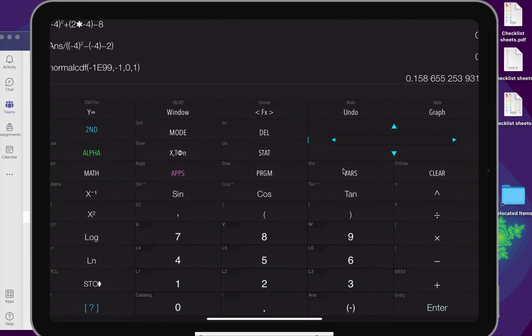And I get 0.158. 3 decimal places is good. Your z-score table would usually do 4 decimal places. So compare that to the empirical rule. So we got 0.1586.